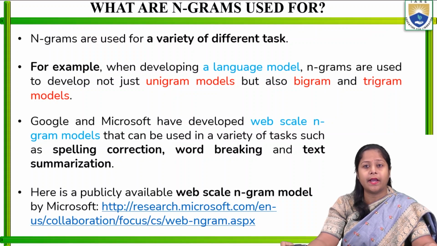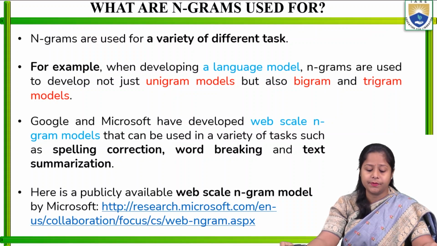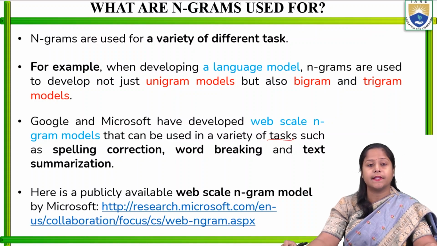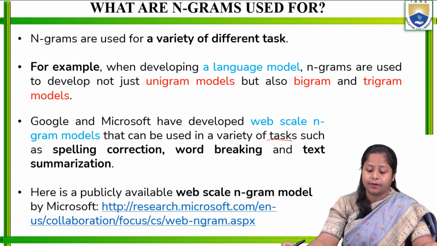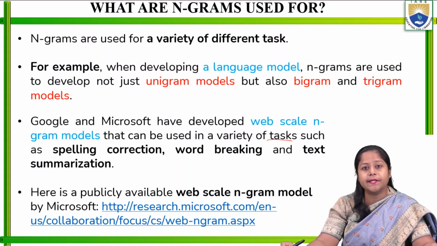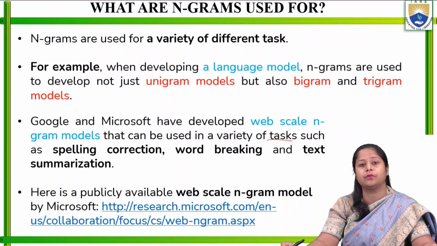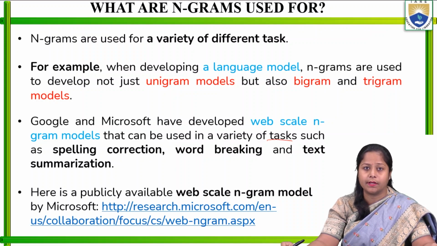Google and Microsoft have developed web scale n-gram models that are used in a variety of tasks such as spelling correction, word breaking, and text summarization. In these tasks, n-grams help us identify different combinations of words together and extract spellings.